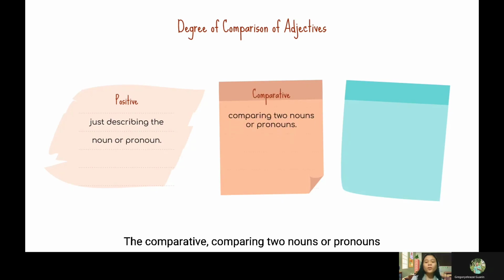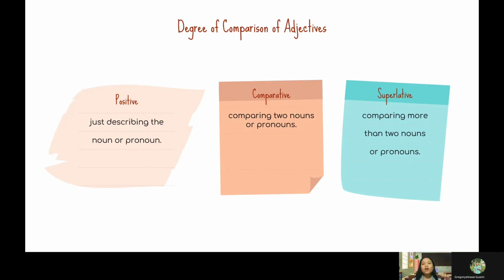The comparative, comparing two nouns or pronouns. We are comparing only two nouns or pronouns, and there is a rule for it. We will add er, or we will add more to the positive degree if the last letter of the word is not y and it has two or three syllables. That is comparative. Lastly, superlative, comparing more than two nouns or pronouns. So, just like comparative, there's a rule for superlative. We will add est or most.